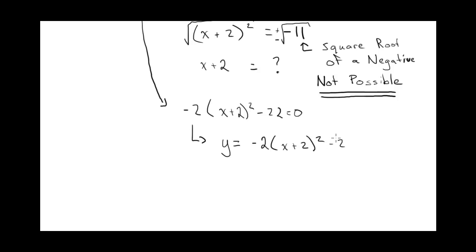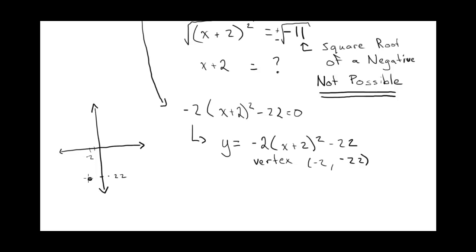So just as a quick sketch, the vertex of this would be -2, -22. If you wanted to very roughly sketch that, -2 is right here somewhere, and -22 is way down here. So here's our vertex. But notice that it's opening down because this is a negative, so we have a parabola facing down.